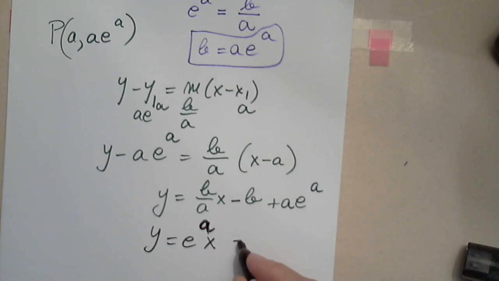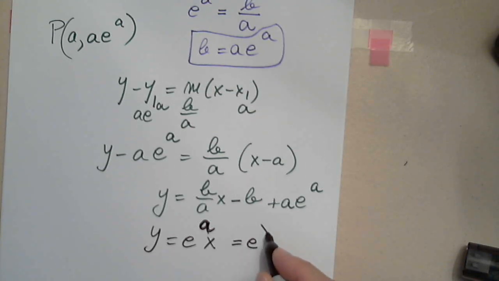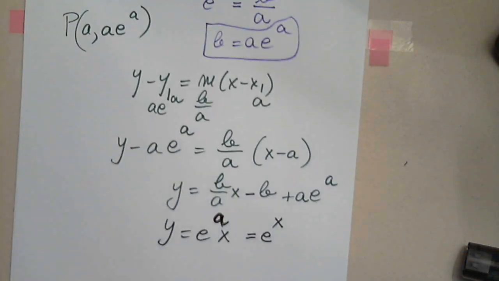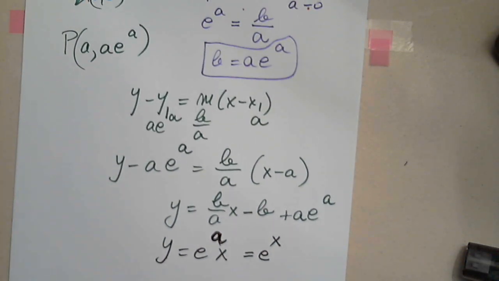And if we set this equal to e to the x, in this particular case you can just leave the equation as e to the a x, right?